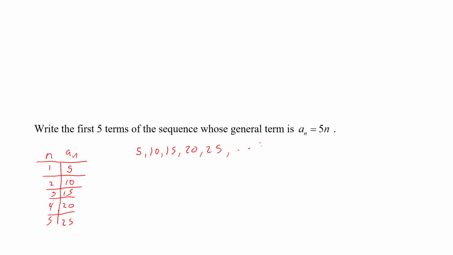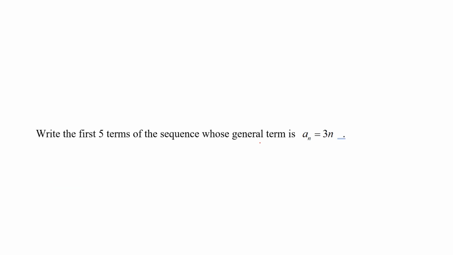This is how we will do it. So go ahead and pause the video and do the next one. Write the first 5 terms of the sequence whose general term is 3n. So again, 3 times 1 is 3, 3 times 2 is 6, 3 times 3 is 9, 3 times 4 is 12, 3 times 5 is 15. What you're looking at there, 3, 6, 9, 12, 15 are the multiples of 3.